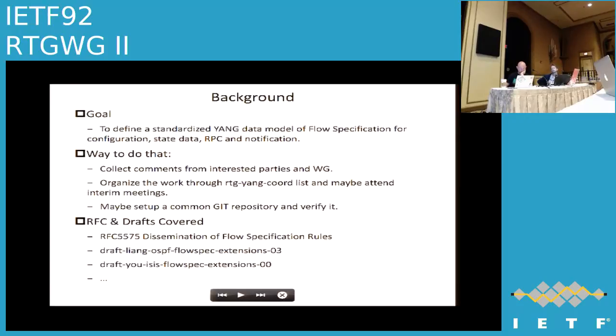Second, maybe we can organize this work in the YANG coordinating list, and if needed, interim meetings can be organized. And finally, if necessary, we can organize one common hackathon to use open source to verify it. This YANG data model is believed to cover RFC 5575 and the two IGP protocol extension drafts. Next, please.